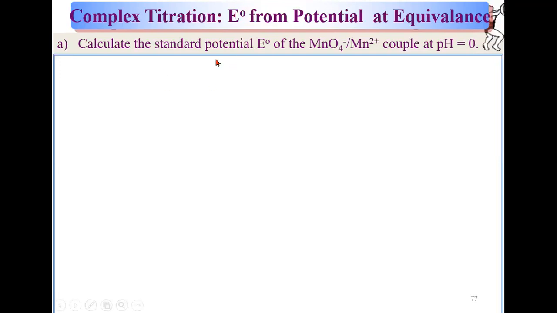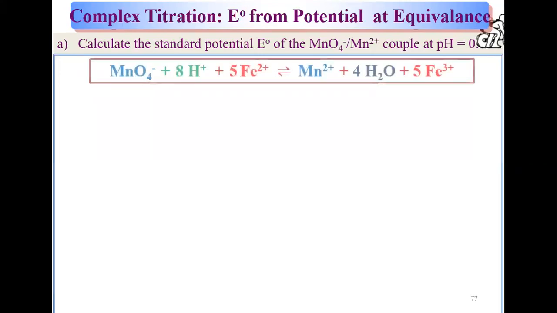And now we're going to use the expression for the E at equivalence point of a one-to-one type to get the E naught. This is not a one-to-one type, this is more complex, and therefore I actually have to derive an expression for E at equivalence point.